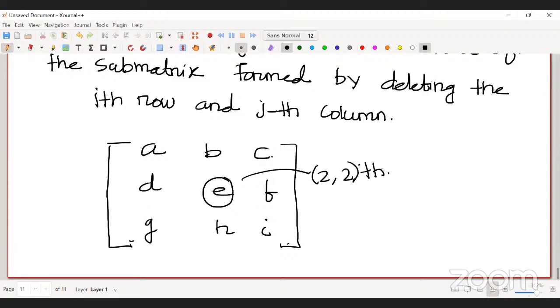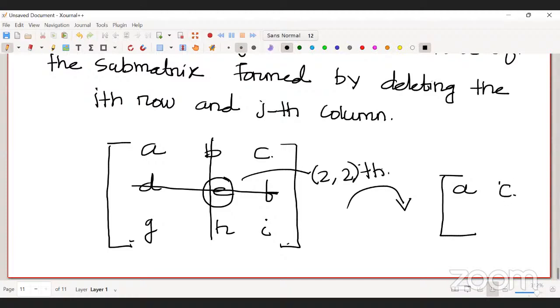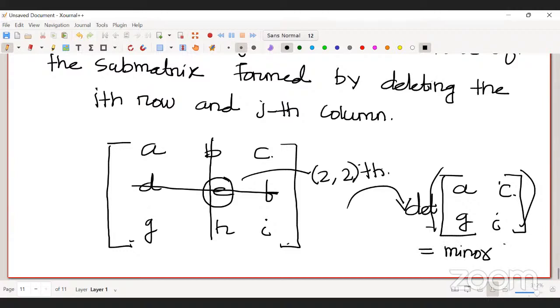I have to delete the second row and second column. Then I get a new matrix whose order is 1 less than the original: A, C, G, I. The determinant of this matrix is precisely the minor of the 2, 2 entry.